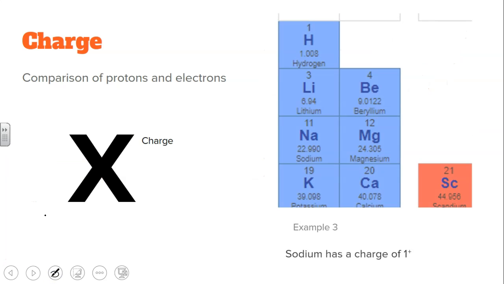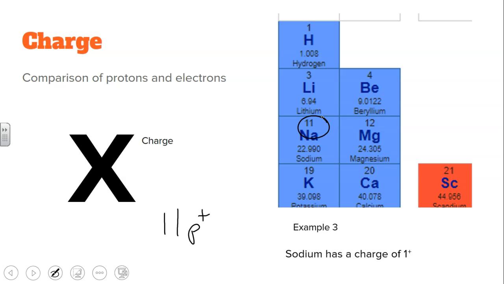What if we do something like this? Sodium has a charge of 1+, so now we're going to go the other way. Sodium has 11 protons. I know this because the atomic number gives us the number of protons.